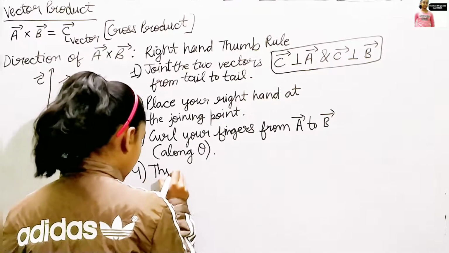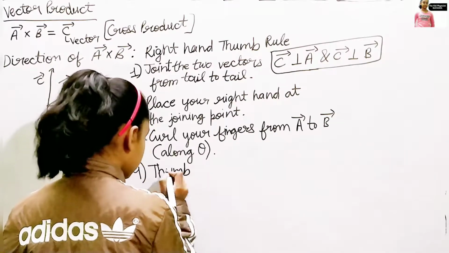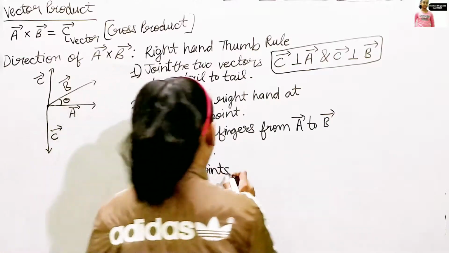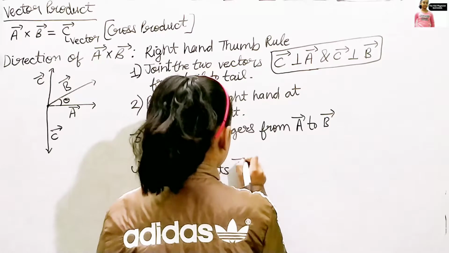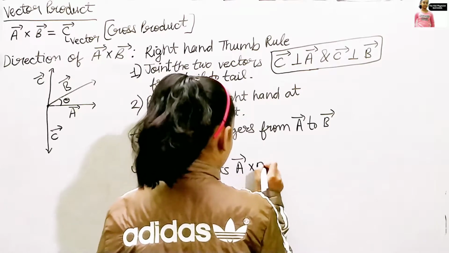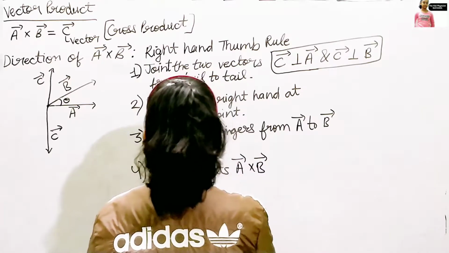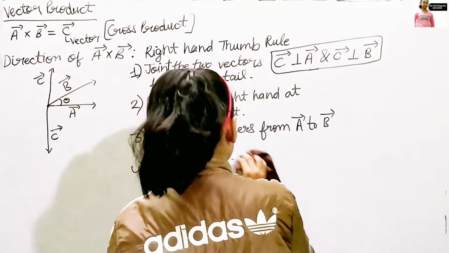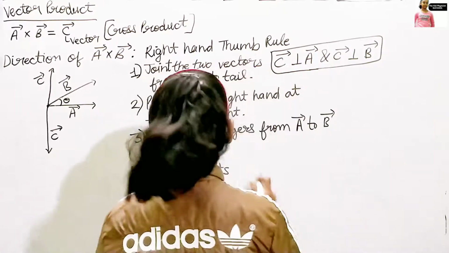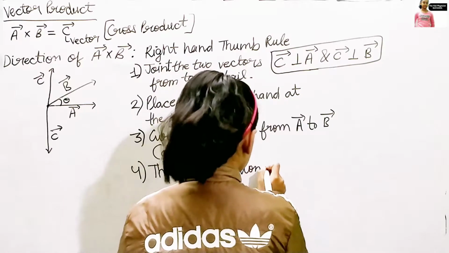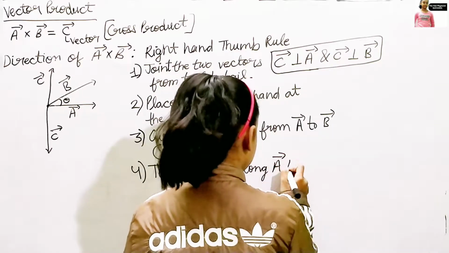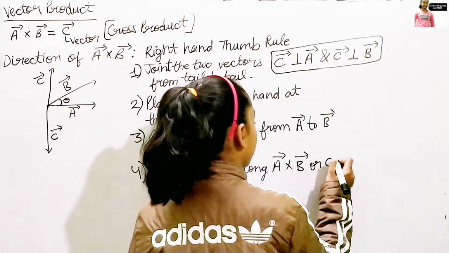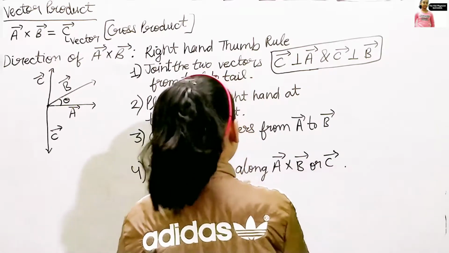The fourth step is saying that the thumb points along vector A cross vector B, or vector C. Got it?